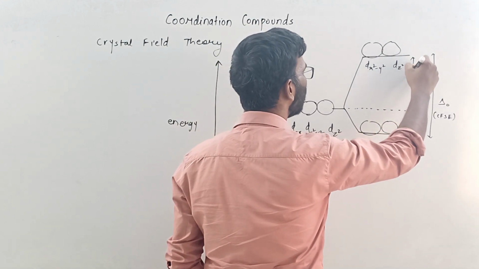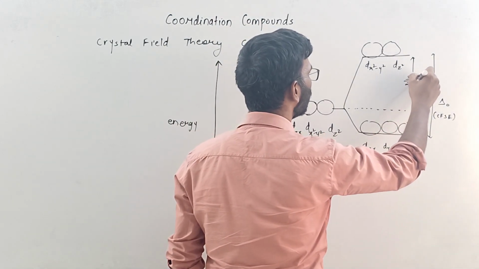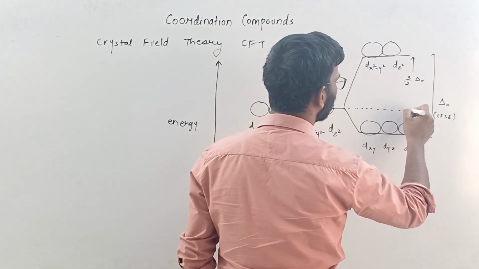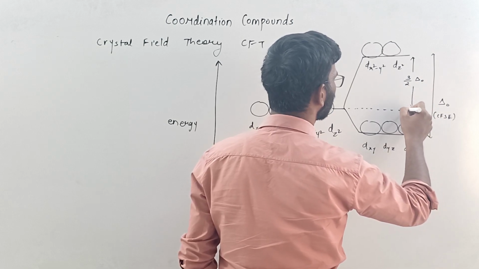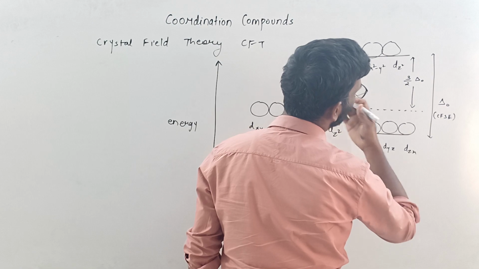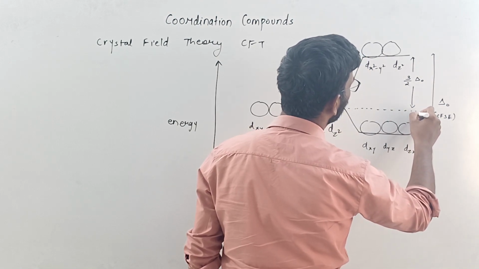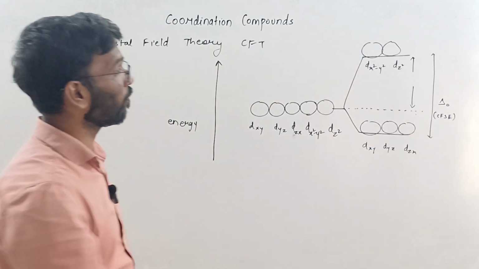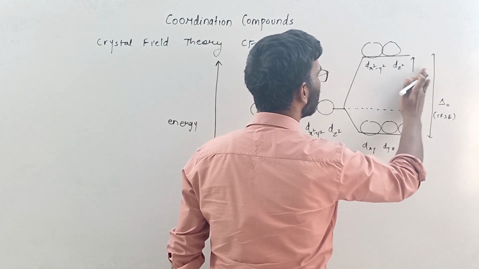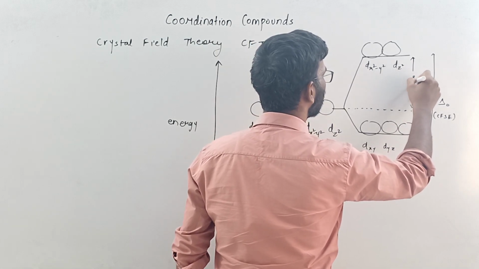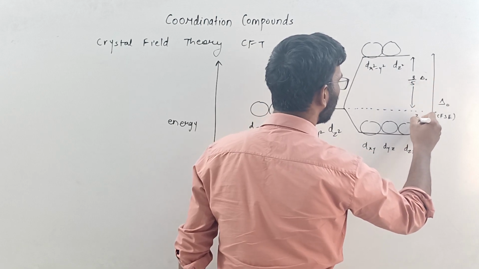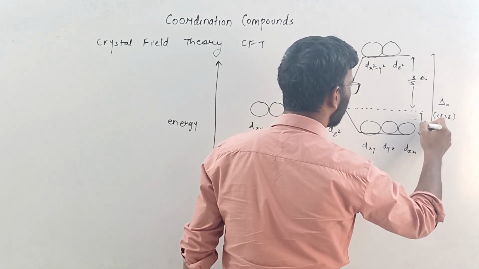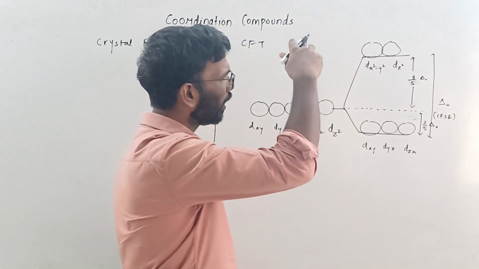If I write, this will be 3/5 times delta naught, and the other will be 2/5 delta naught. I forgot the values, yes. So together it is delta naught.